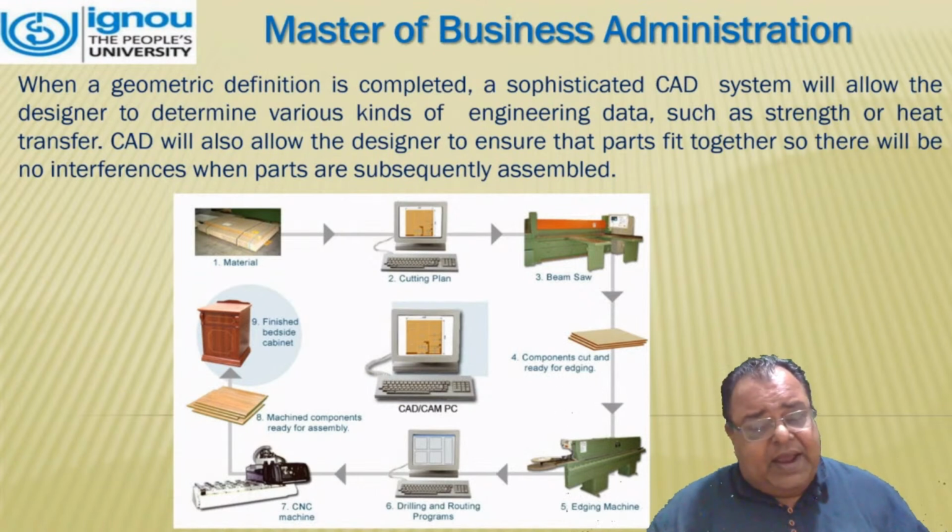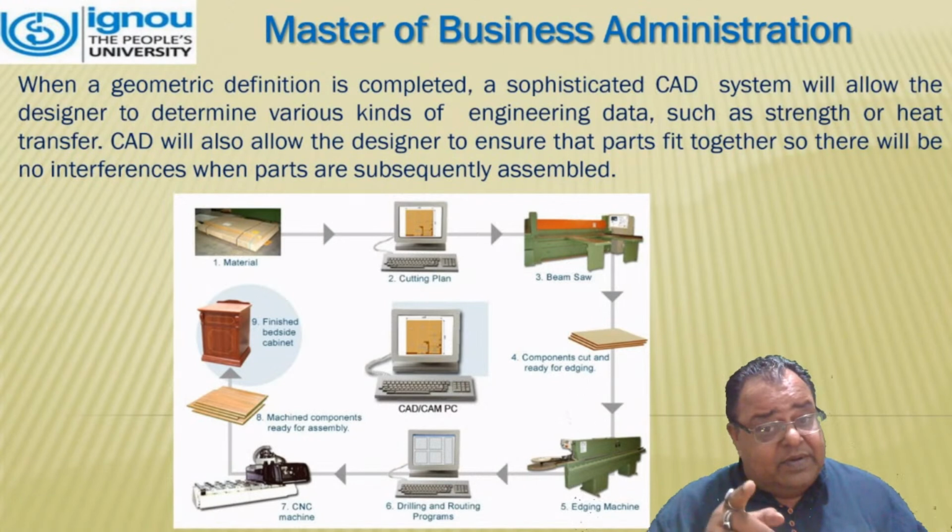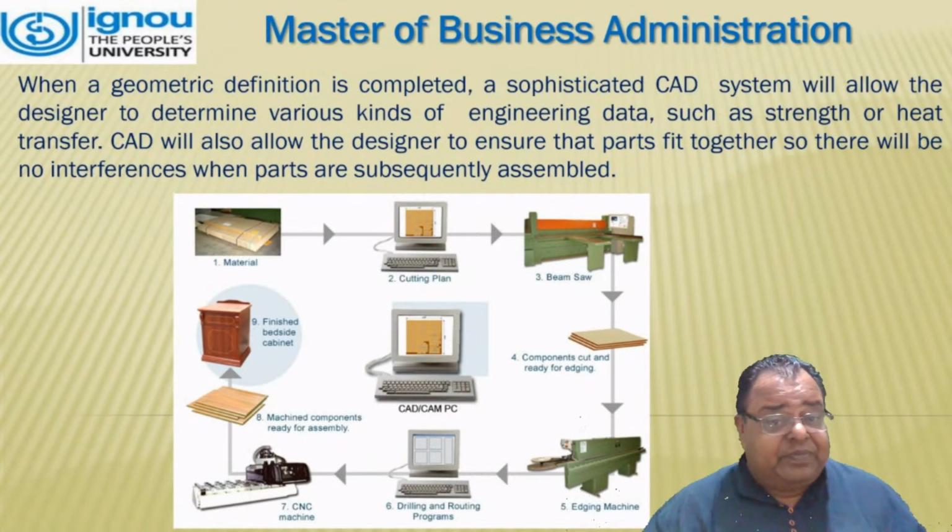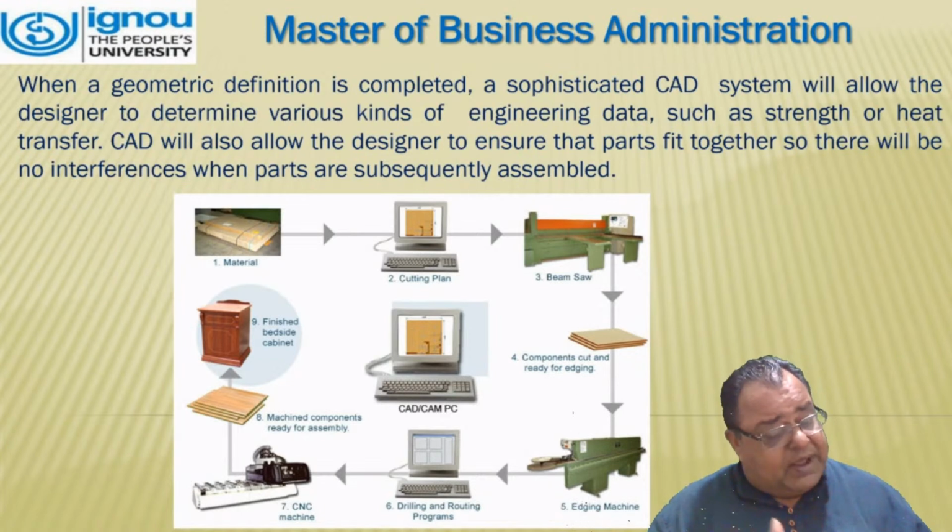Here, at the edging machine, the edging process has to be performed, which is again done at step number 2. After that, drilling and routing programs are provided with the help of the software.